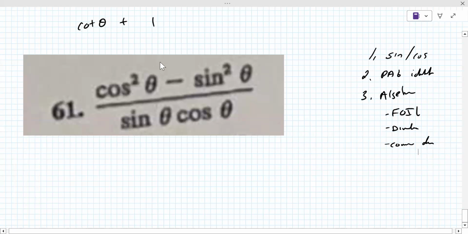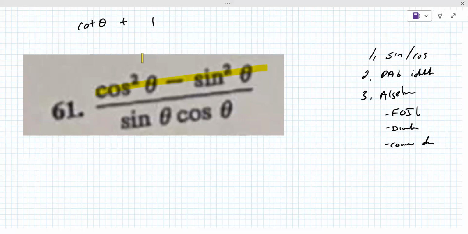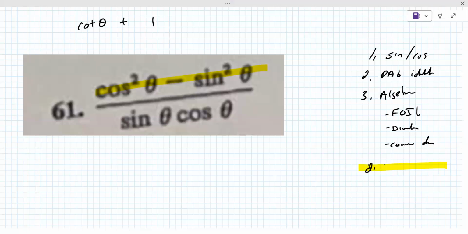But what I see in the numerator, and this is something you start to notice by doing more problems, is the top ends up being a difference of squares. That's a squared minus b squared becomes a minus b, a plus b. And that's where you have to be like, is that what I'm supposed to do?